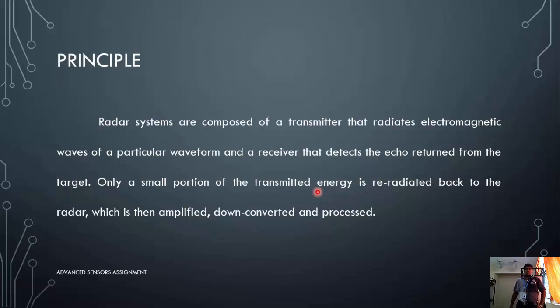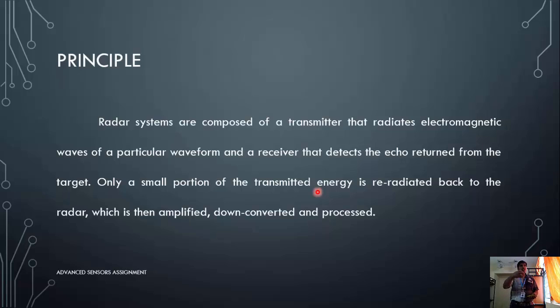Here we can know the principle behind the radar sensor. Radar systems are composed of a transmitter that radiates electromagnetic waves of a particular waveform, and a receiver that detects the echoes returned from the target. It will send radio waves up to a certain range.